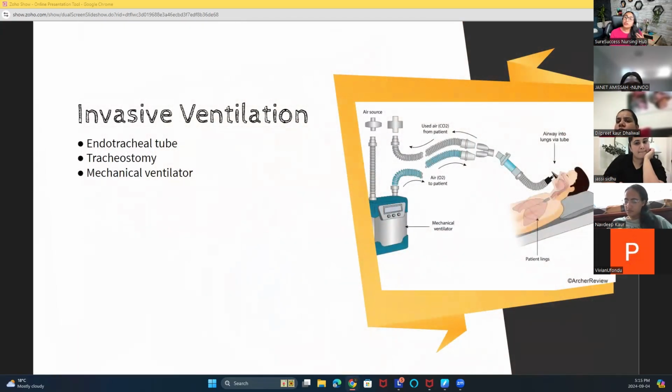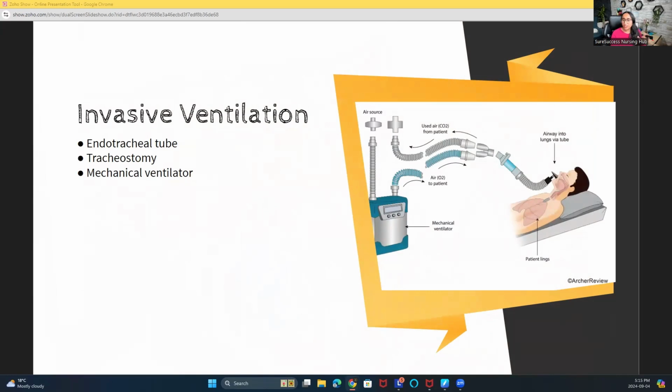Now let's talk about invasive ventilation, when we are putting something into the patient's body to ventilate the patient. We will learn about endotracheal, inside the trachea. Where is the trachea? Endo means from the mouth to the trachea.